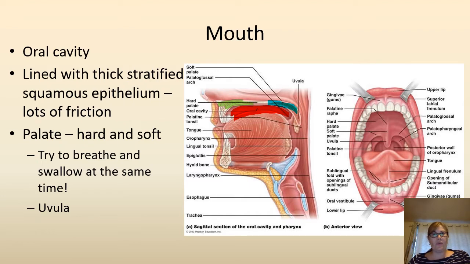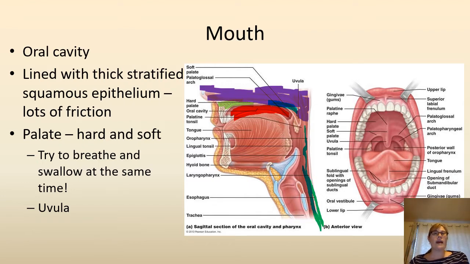And this area above is going to be nasopharynx and nasal cavity. We're not concerned about that for this section. What we are concerned with is this section here. And once the food gets to this area, then it's going to go down the back way here. This is the back tube, esophagus.